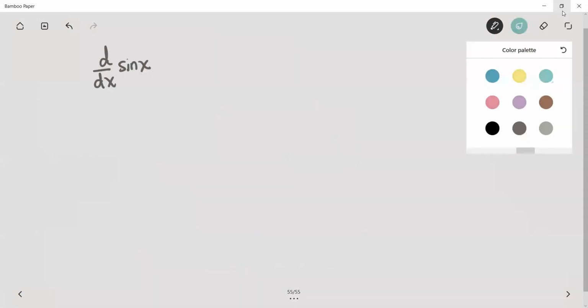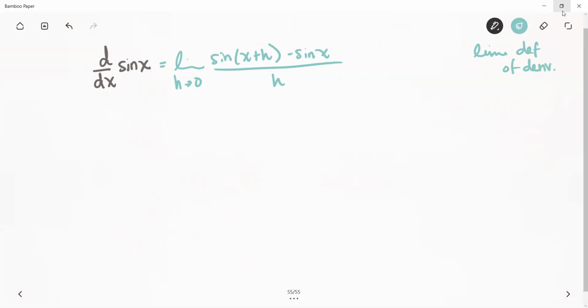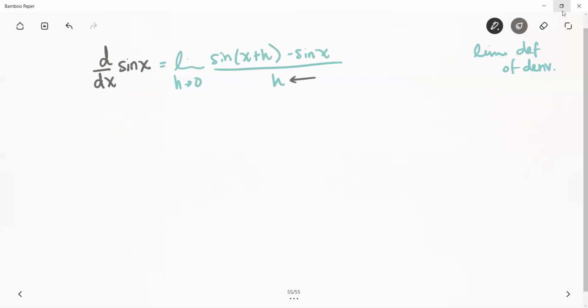Then we know in order to do that from scratch, we're going to use our limit definition, which is the limit as h goes to 0 of sine of x plus h minus sine x all over h, right? That's the limit definition of the derivative. And a lot of the times our goal was to get rid of the h.